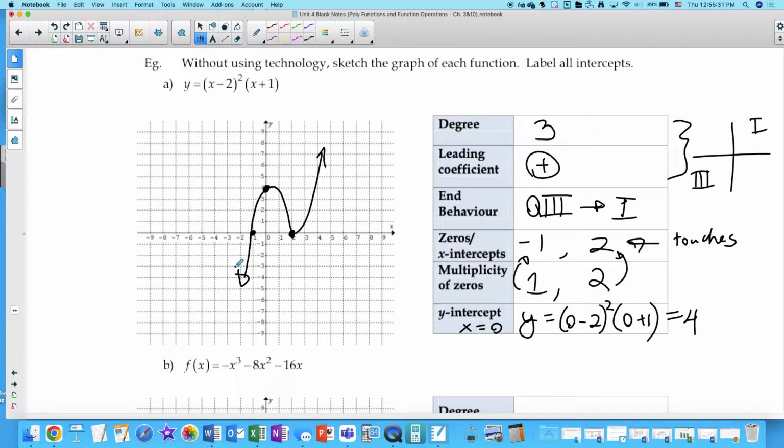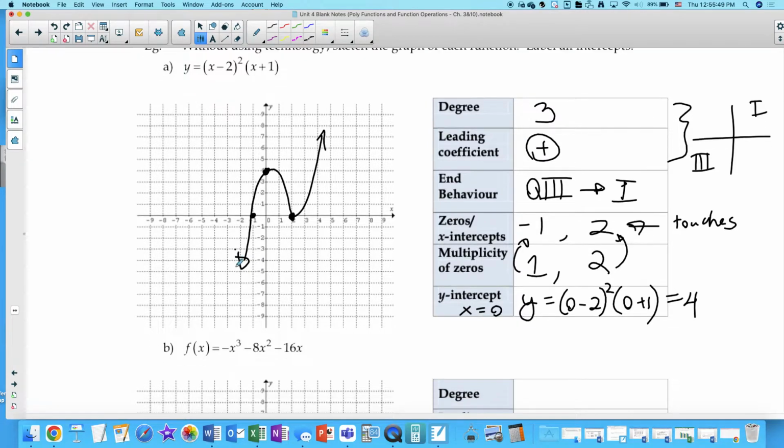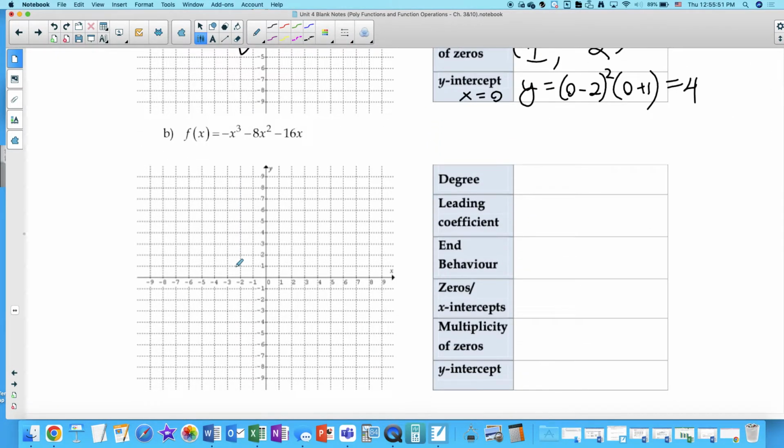So if you have those elements, you don't have to worry about the rest. Correct. Yes. Yep, I want to see the x-intercepts. I want to see the multiplicity very clearly. And I want to see the y-intercept. Yeah. Okay. All right. Let's try this one.